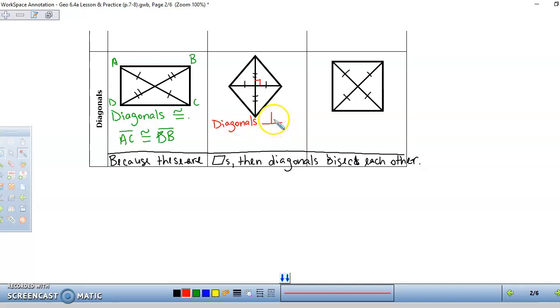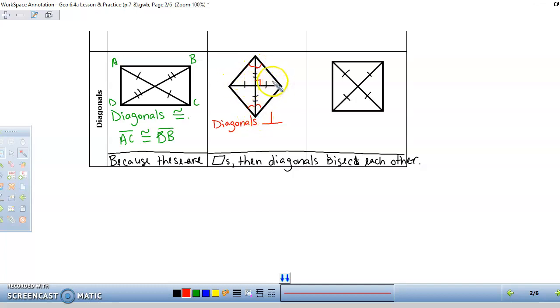Okay, the other thing about a rhombus is that the diagonals actually split the angles into congruent angles. So that means this little angle and that little angle are the same. And so are this little angle and that little angle. All four of those little angles are congruent to each other.